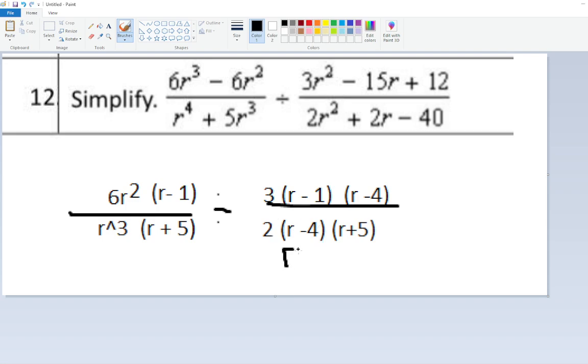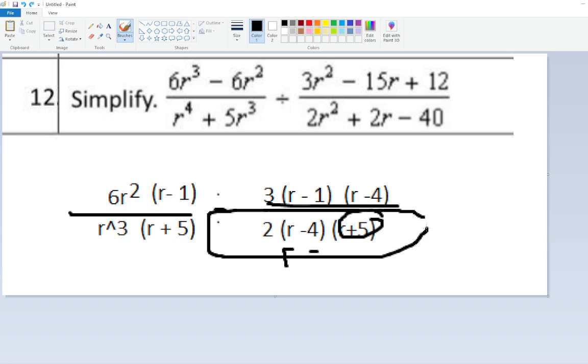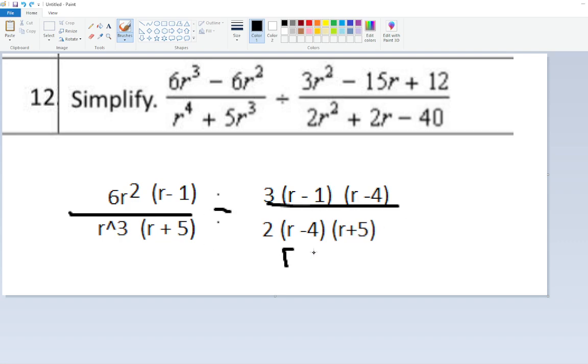You simply make this equal to 0 and solve for R. Add 4 to both sides. R can't be 4. Same thing for this. R can't be minus 5. Any bracket cannot be 0 because you'd have a 0 as a denominator. So R plus 5 equals 0. Subtract 5 from both sides. R cannot be minus 5.